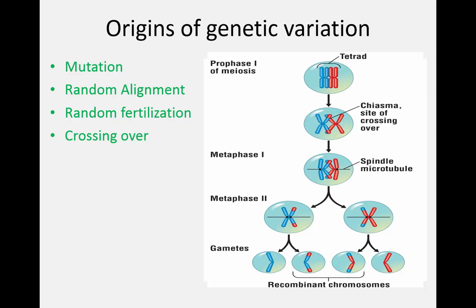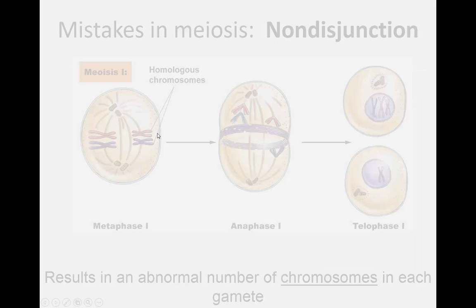I like to say at least a 70 trillion chance that your sibling would have the same chromosomes as you do. So all these are involved in making us all genetically unique, basically.